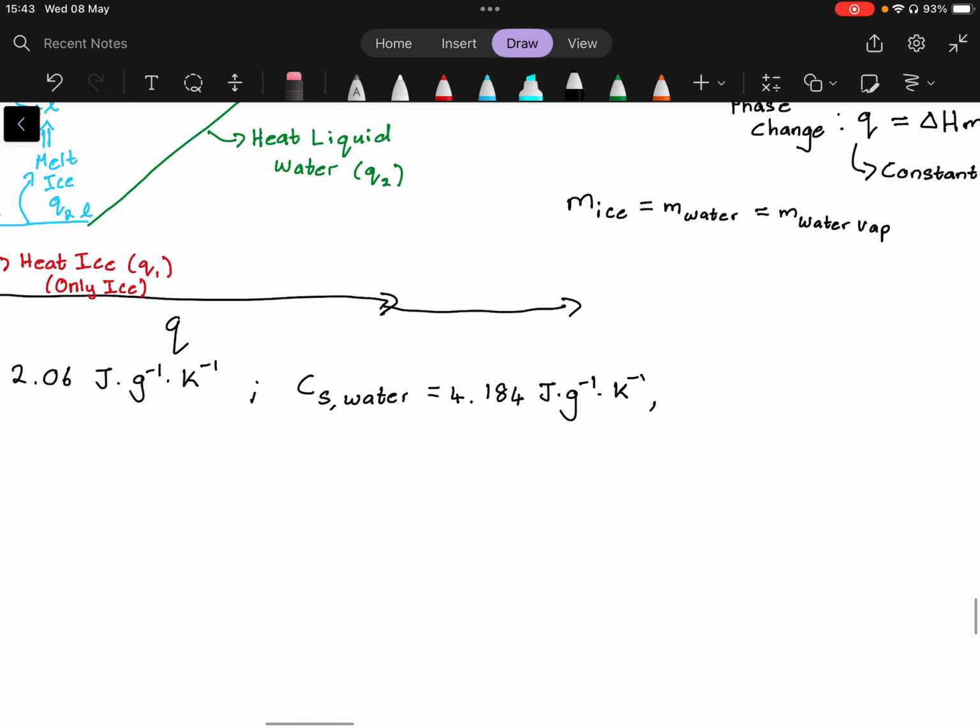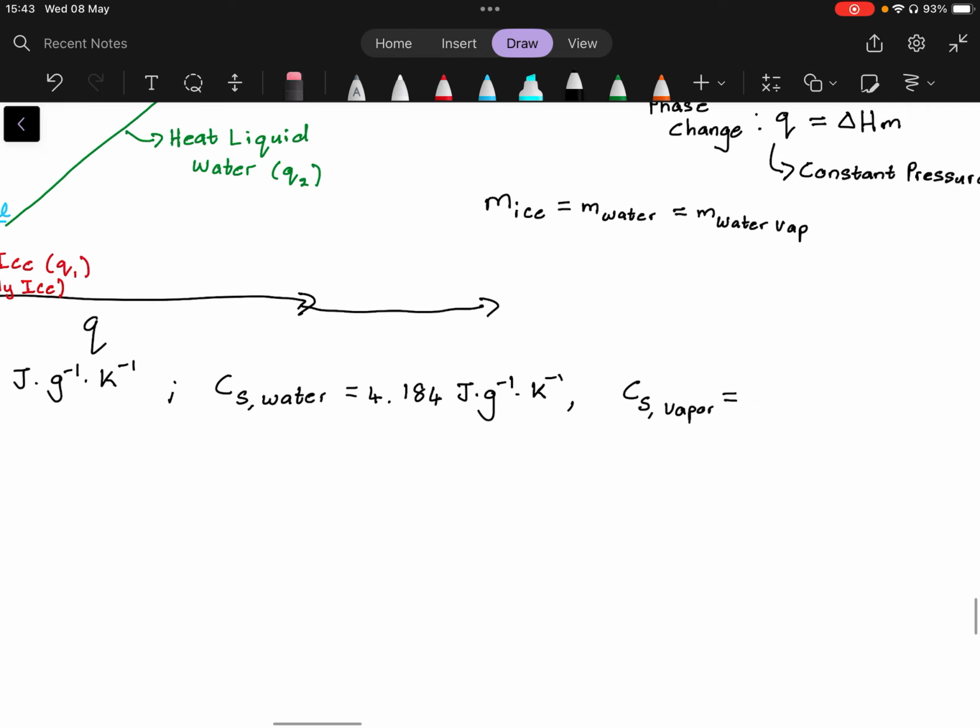And the specific heat capacity of water vapor is equal to 1.86 joule per gram per Kelvin.